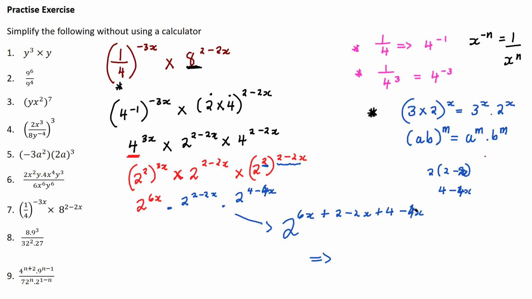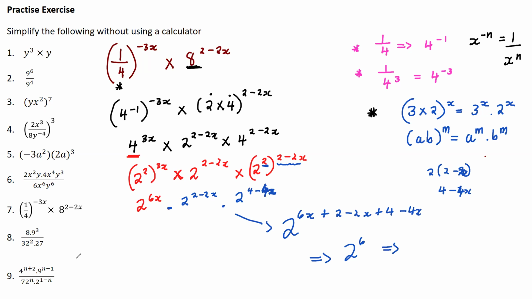Okay, that's 4x. Can I get you guys involved and you give me a question and answer to this, especially the last part, the top part here? 2 to the power, what do I get at the end of the day? 6x plus 2 minus 2x plus 4 minus 2x. Do I get 2 to the power 6? Please confirm with me. We don't want to make mistakes here.